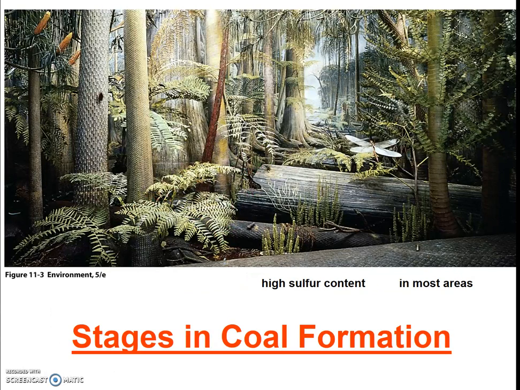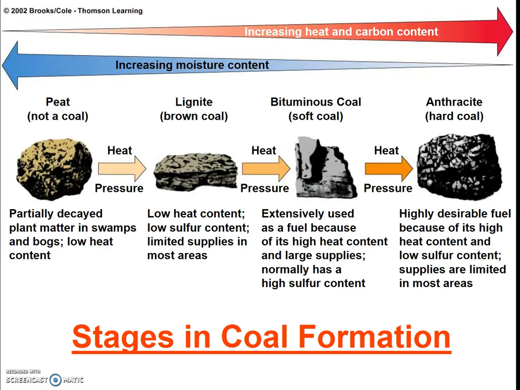So pretty much everywhere that there's now major coal deposits used to be a tropical swamp 200 to 300 million years ago. Then through burial and compaction and tectonic processes, the material was transformed into peat, and then lignite, and then bituminous coal, and perhaps, if tectonic conditions were favorable, anthracite coal.